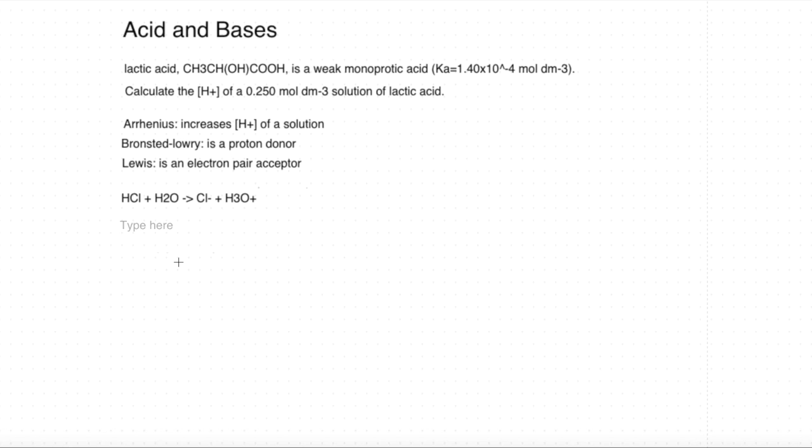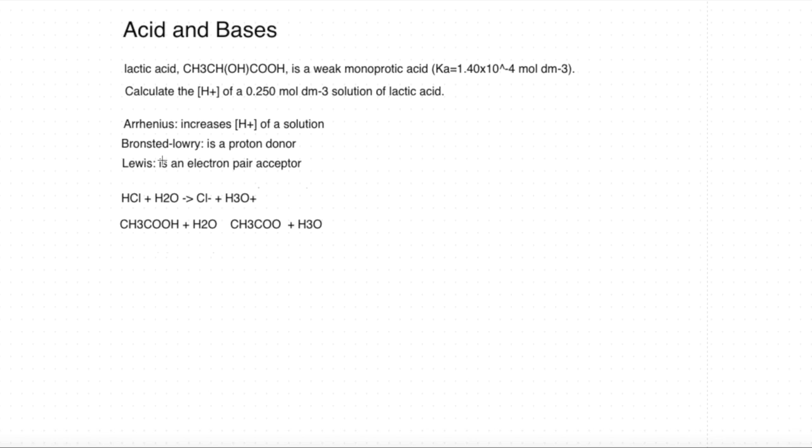The reaction equation above should look quite familiar, but what about ethanoic acid? Well, ethanoic acid, CH3COOH, should react with H2O to give CH3COO minus and H3O plus.